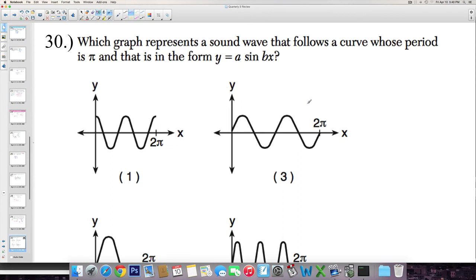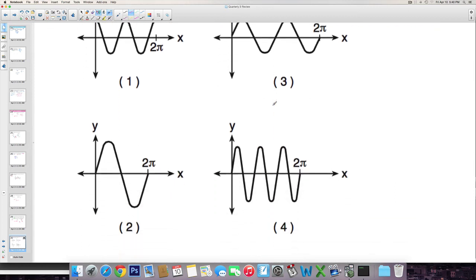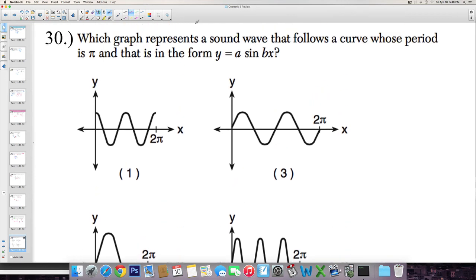Which graph represents a sound wave that follows a curve whose period is pi, and that is in the form y equals a sine of bx? Well, right away we can get rid of choice 1, because this is a cosine curve. It has to start at the origin. So the period needs to be pi.